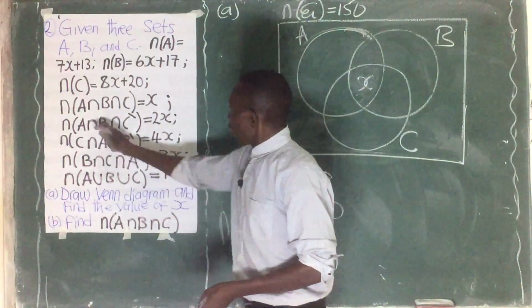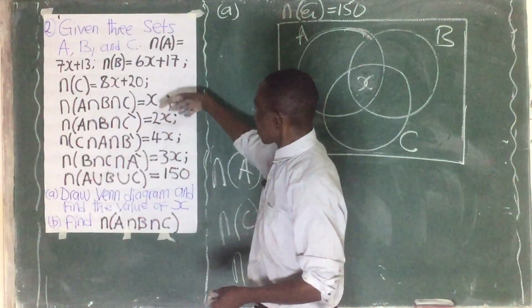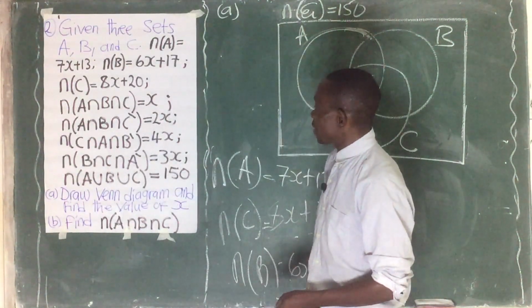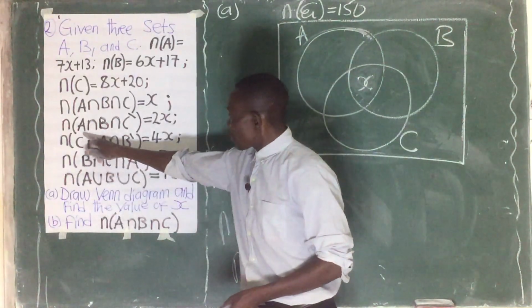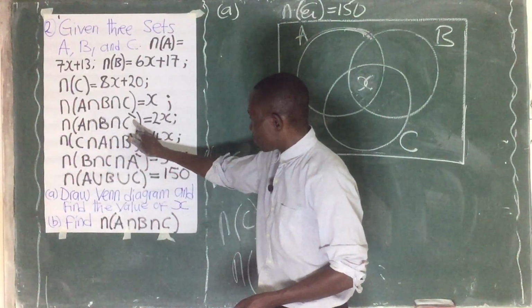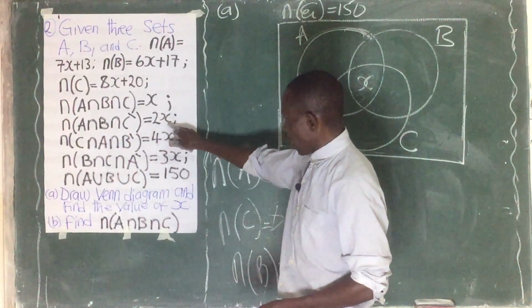Now for the other parts, where we might be able to use these numbers for the main subsets. We are told that A intersection B intersection complement of C is 2x. So where am I going to fix the 2x?